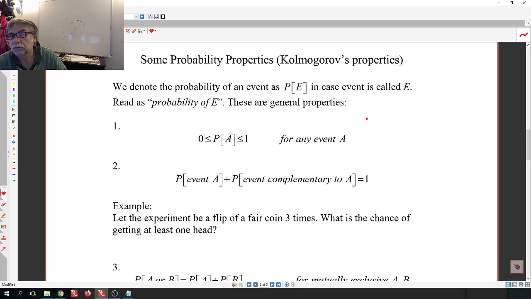And now you must have this assignment fit certain properties. Those are his properties.